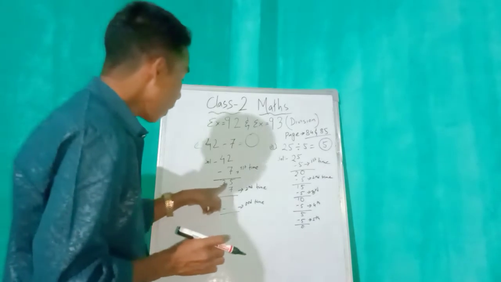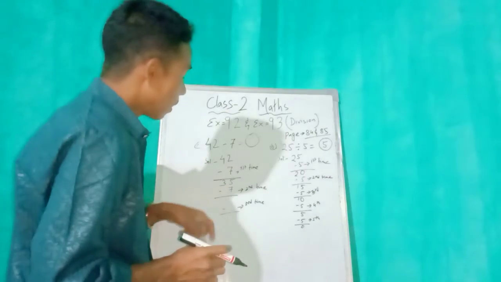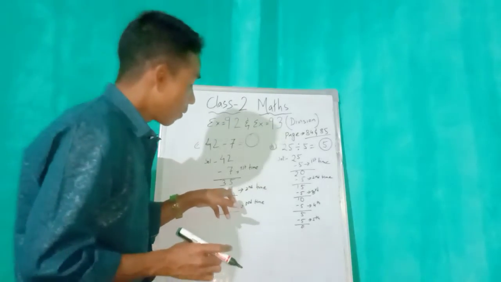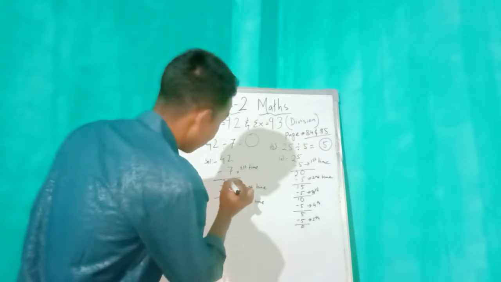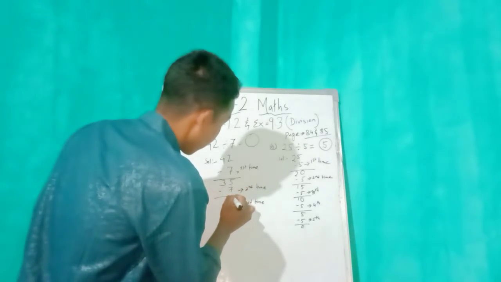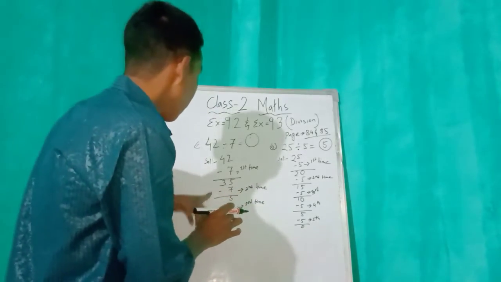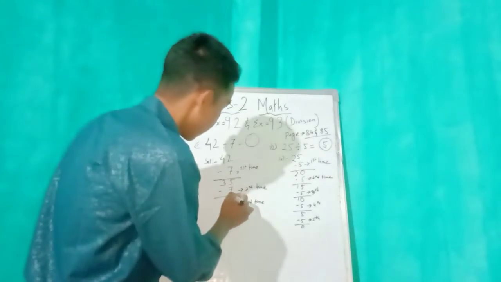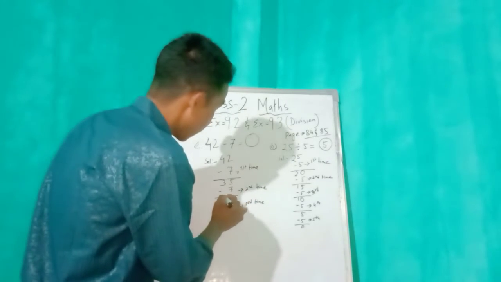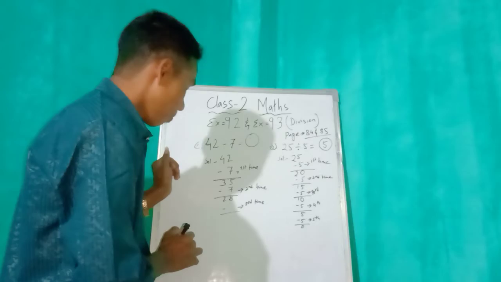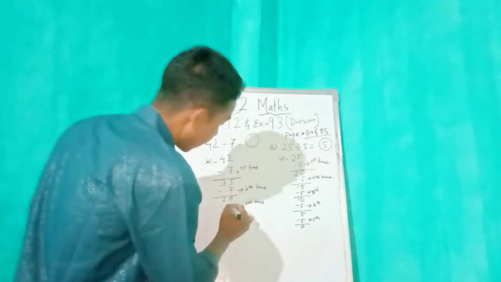So from 35 we will minus 7, that is 28. Then this is the second time.